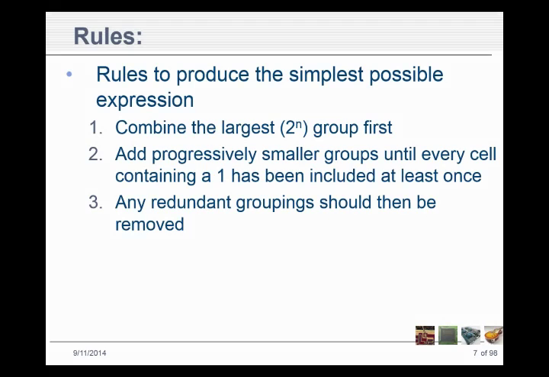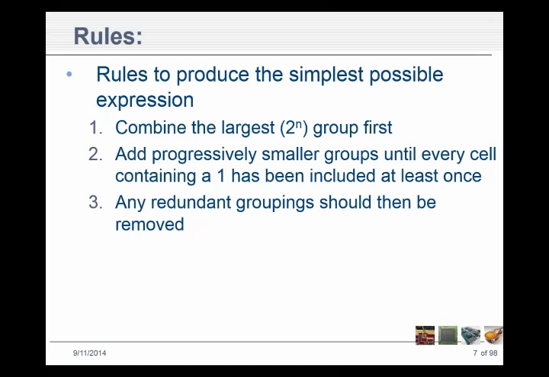So you can have a group of 1, that's 2 to the 0. You can have a group of 2, that's 2 to the 1. You can have a group of 4. You cannot have a group of 3.